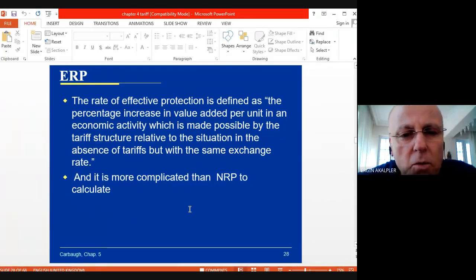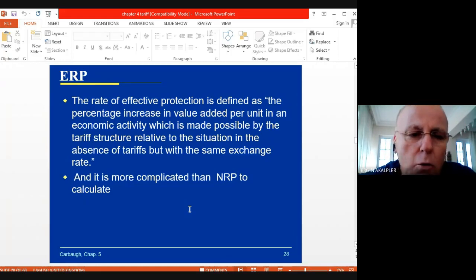The rate of effective protection is defined as the percentage increase in value added per unit in an economic activity, which is made possible by the tariff structure relative to the situation in the absence of tariff, but with the same exchange rate. And it is more complicated to calculate than the nominal rate of protection, as I mentioned.